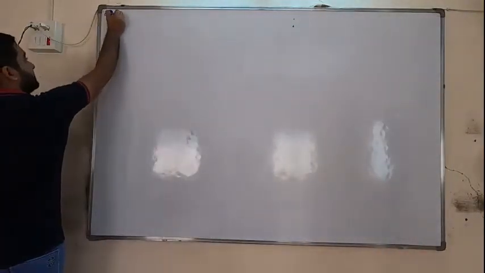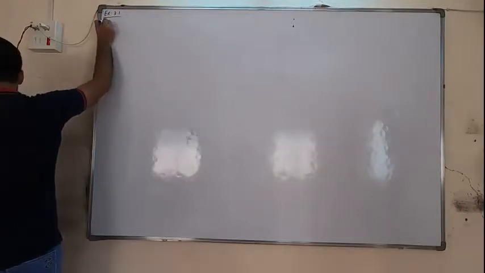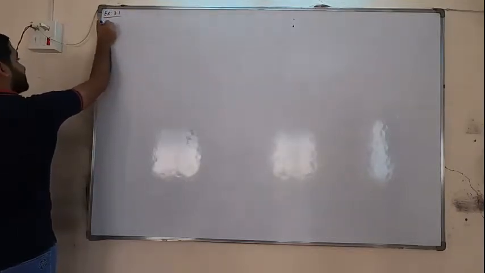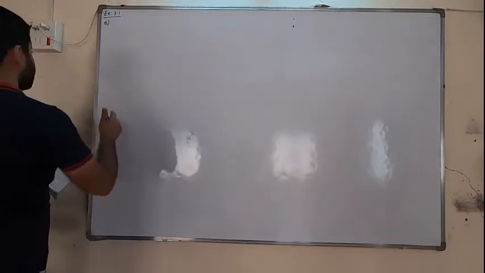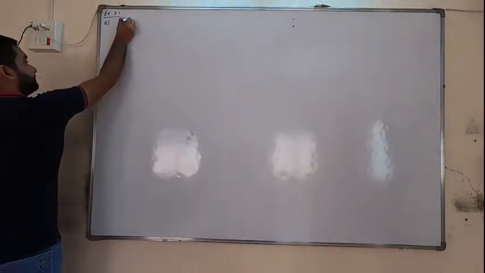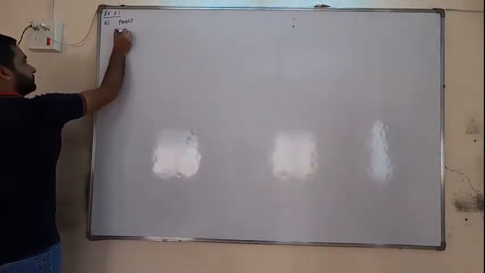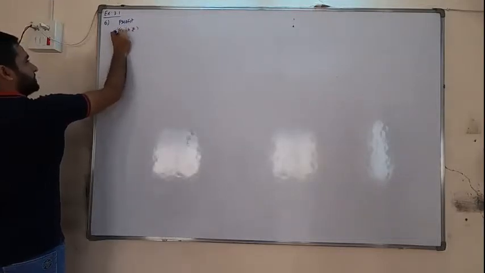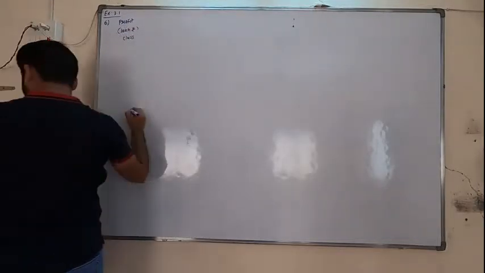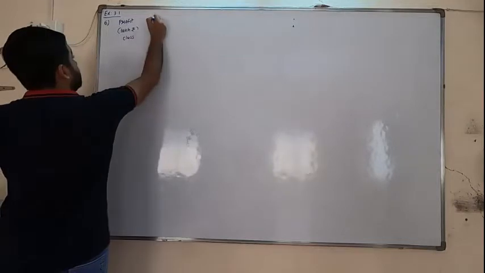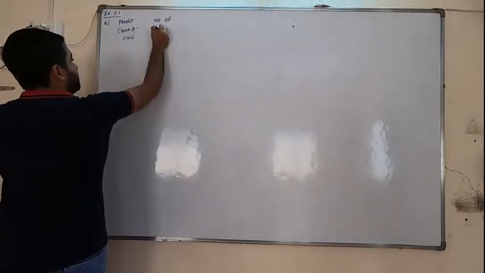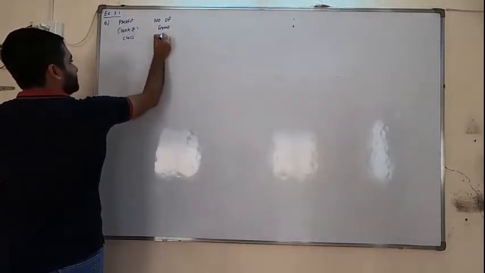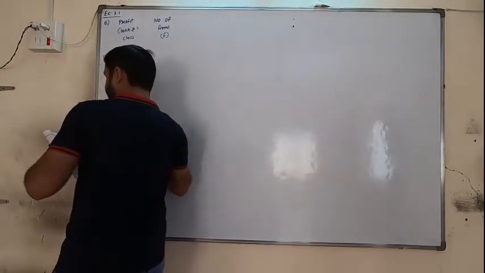So exercise 3.1, and in that solving sum number 6. Profit, this is the class. Number of firms is the frequency f.